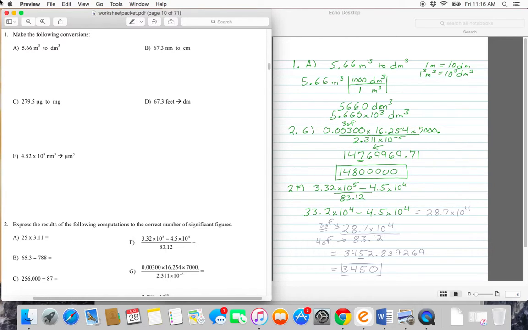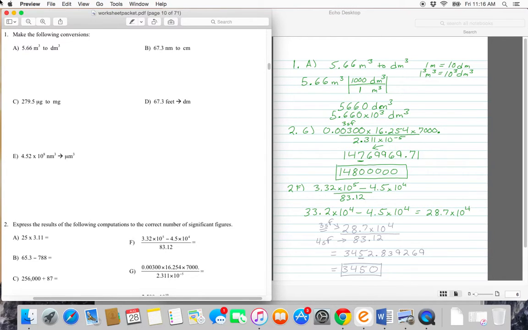From our calculator, we see that that is equal to 28.7 times 10 to the 4th power. We've also noticed that we have 1 digit after the decimal, and in our final computed answer we have 1 digit after the decimal, so we do not have to do any rounding for that particular number.